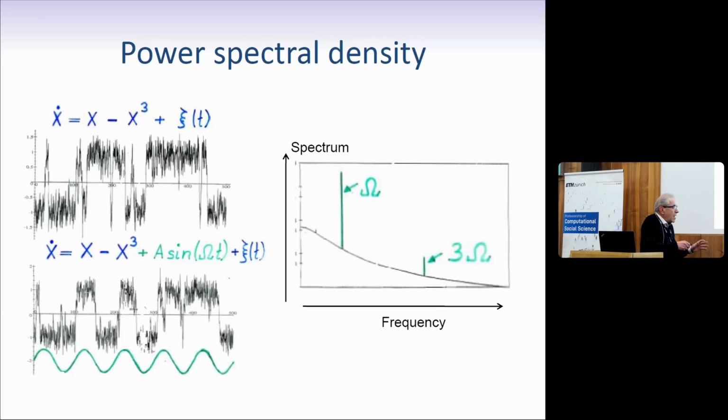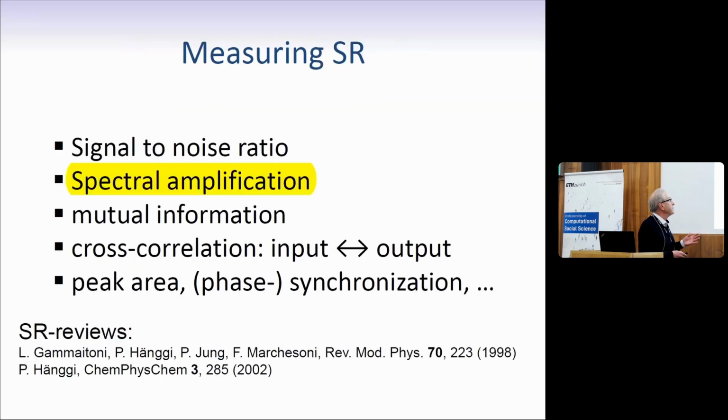Any asymmetry, as small as it is, will immediately show up with structure at 2 omega and 4 omega, for example. So this is a very good detection device. It has applications, and because of this, stochastic resonance took off.